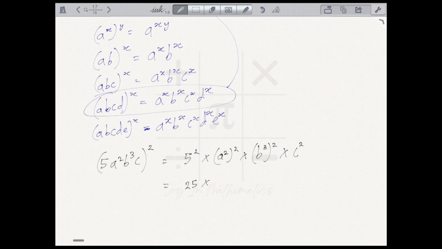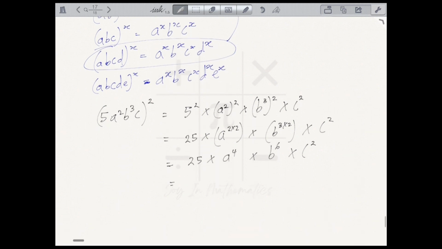If you apply product law to this, you will have a raised to the power 2 times 2. If you apply product law to this, we will arrive at b raised to the power 3 times 2, and we'll have c raised to the power 2. And this will give us 25 multiplied by a raised to the power 4 multiplied by b raised to the power 6 multiplied by c squared.